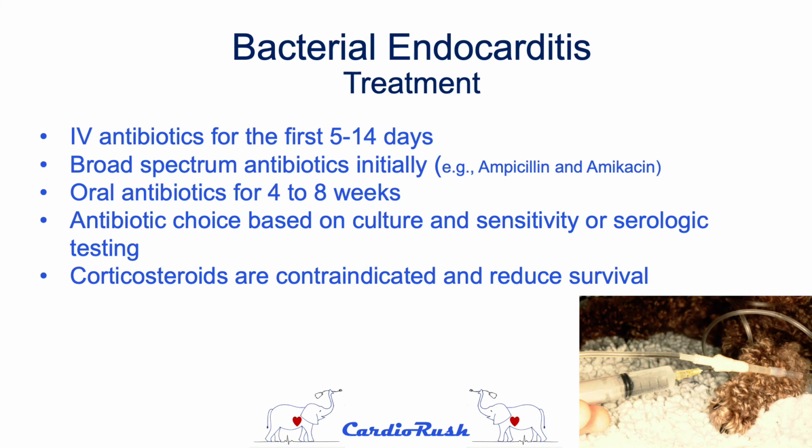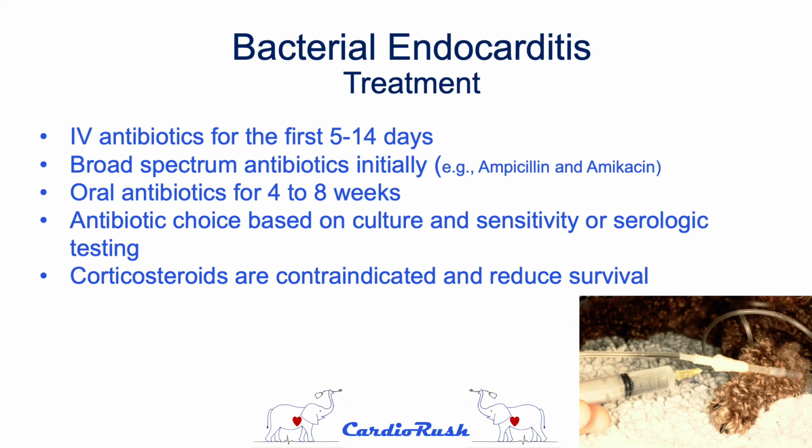So once we've established a diagnosis of bacterial endocarditis, what do we do next? Usually there's a long course of antibiotics for a 4 to 8 week period of time. We typically treat for at least 6 to 8 weeks and then repeat the echo to identify whether there's change, resolution, or shrinking of the lesion before stopping antibiotics.